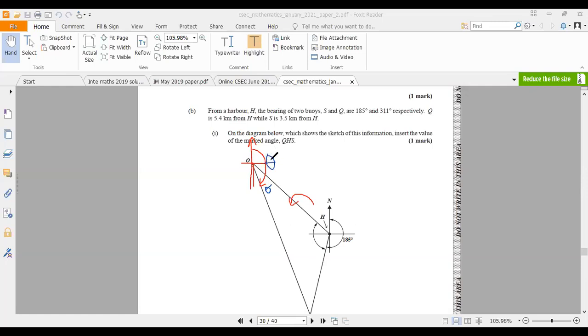When I add the bigger one with the small one, that gives the total bearing of S from Q, right?